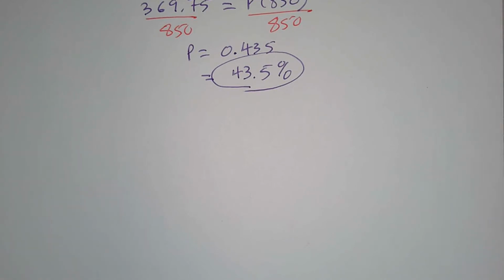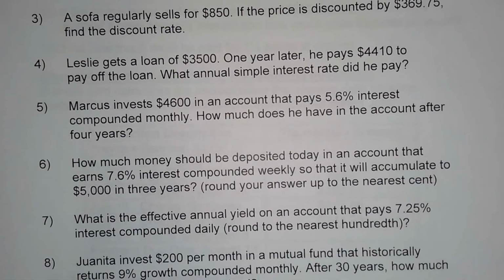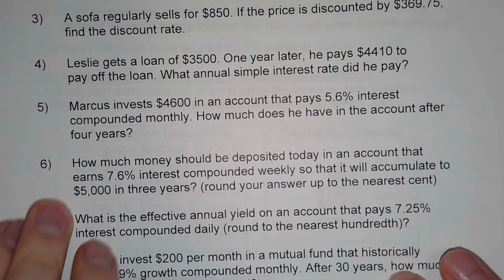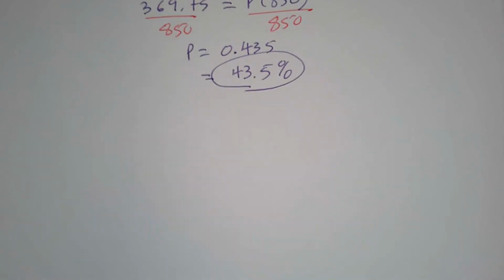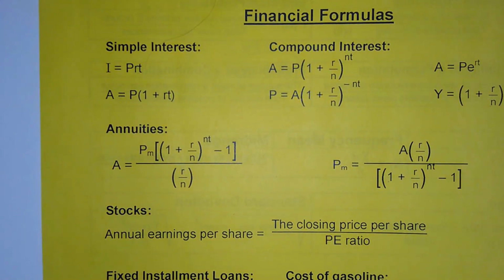So let's go ahead and take a look at number 4. Leslie gets a loan of $3,500. 1 year later, he pays $4,410 to pay off the loan. What annual simple interest rate did he pay? So now I'm talking about simple interest, and we have two formulas we're going to be picking from.